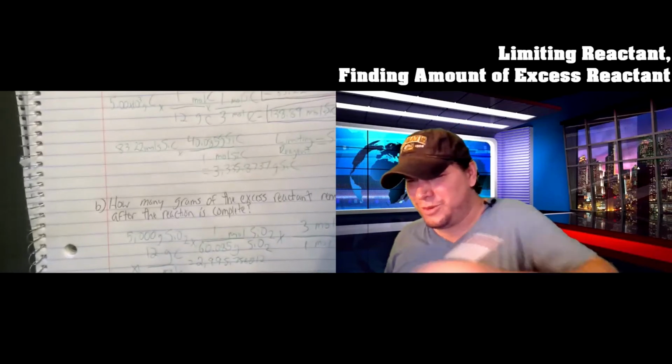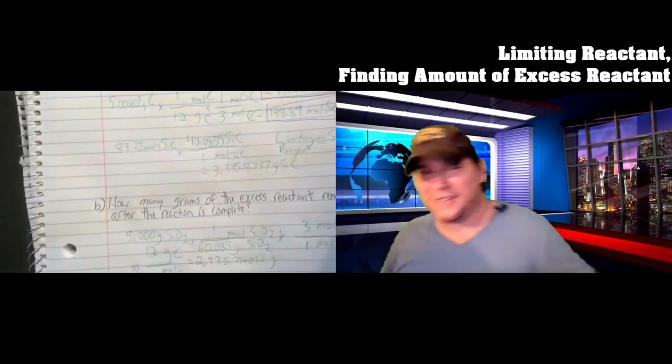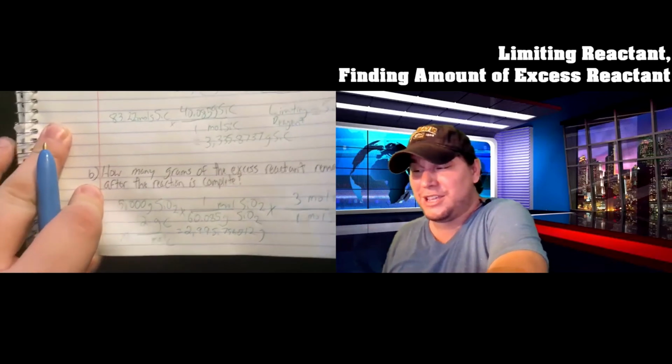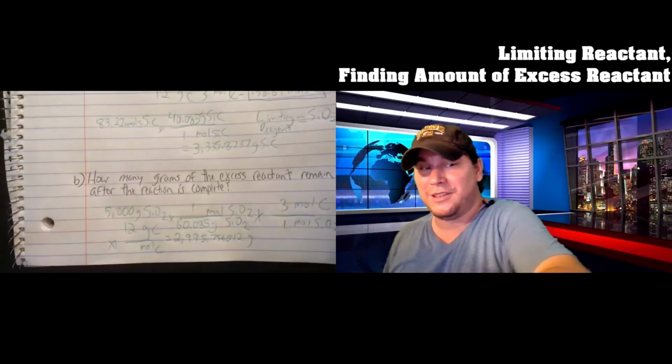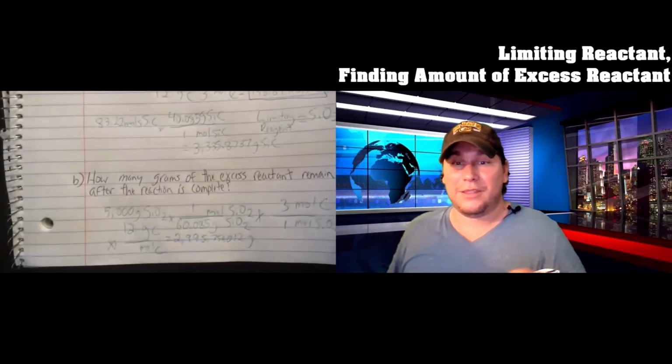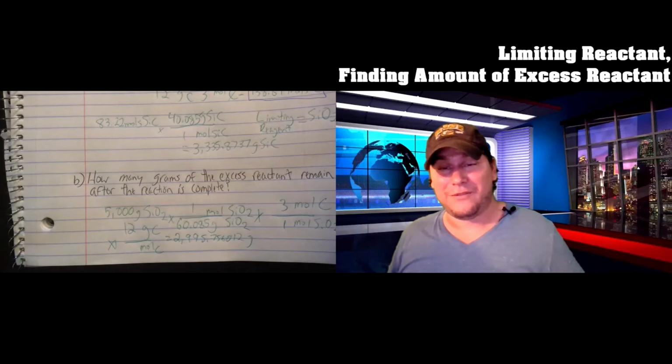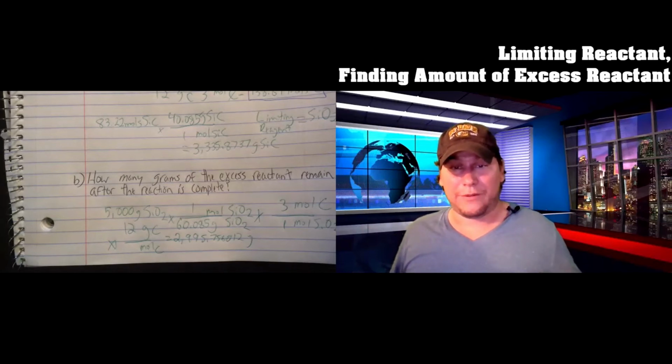But what are we in? We're in grams. If you just follow the dimensional analysis, we're in grams, right? So what does that number represent? That was the grams of carbon used that we got from the limiting reagent. So now we just subtract that from the total amount of carbon, which was what they told us in the problem.